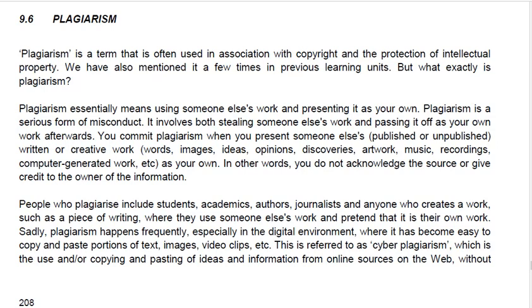You commit plagiarism when you present someone else's written or creative work, be it words, images, ideas, opinions, discoveries, artwork, music, recordings, computer generated work, etc., as your own. In other words, you do not acknowledge the source or give credit to the owner of the information.